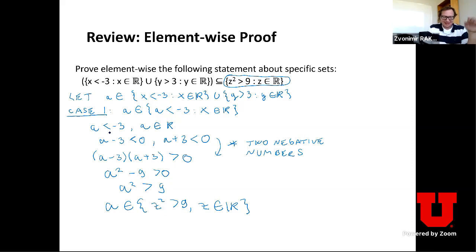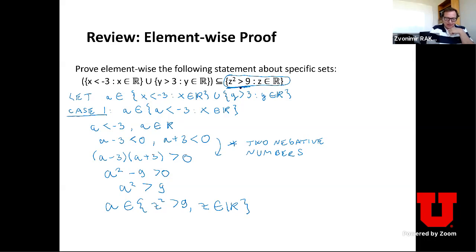Yeah, it kind of looks a little bit like it's coming out of thin air. I think I now understand the question better. It's all about looking at the goal. That's why I'm saying this is a little bit of a harder one. Your goal is to show that basically a squared is greater than 9, and you somehow have to get from a less than -3 to that. So you need some kind of square there.